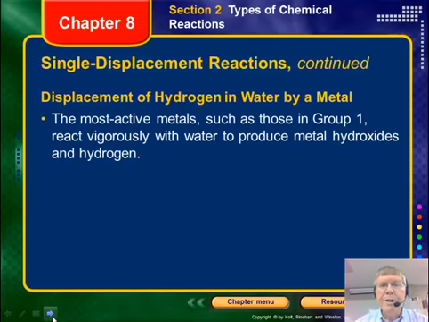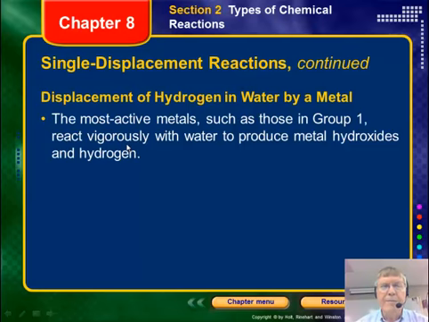Hydrogen can also be displaced in water by a metal. Remember that hydrogen is up above group 1, and so in some ways it does act like a metal, and so it can be replaced by metals if they are more reactive than the hydrogen. All of the group 1 metals are more reactive than hydrogen, and so those metals will react very vigorously.